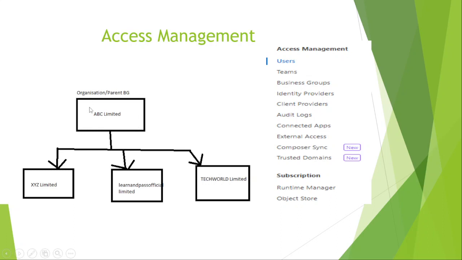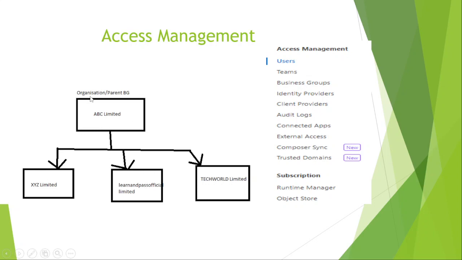Same thing is happening here. Here it is the root access, and it has all the access, all the roles assigned to it. But for other child business groups, you can restrict and limit the access.